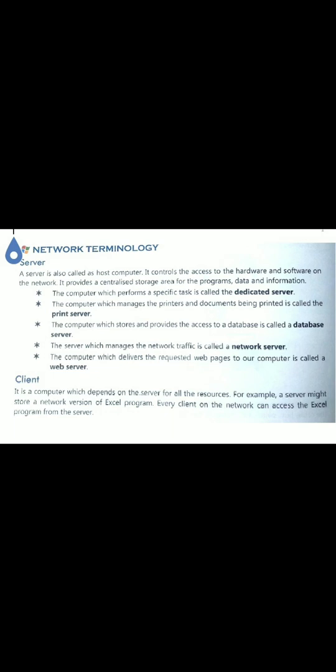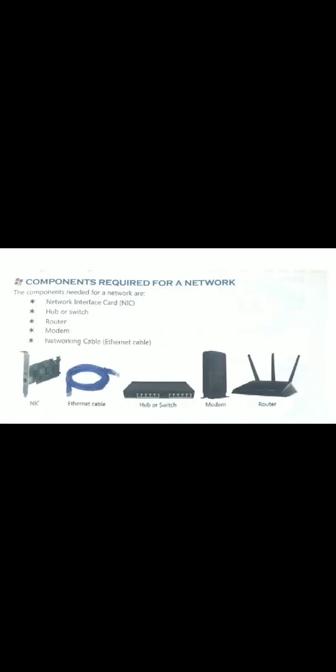It is a computer that totally depends on a server. For any information, it can send a request to the server and the server can deliver the requested web pages. That is the work performed by the client.